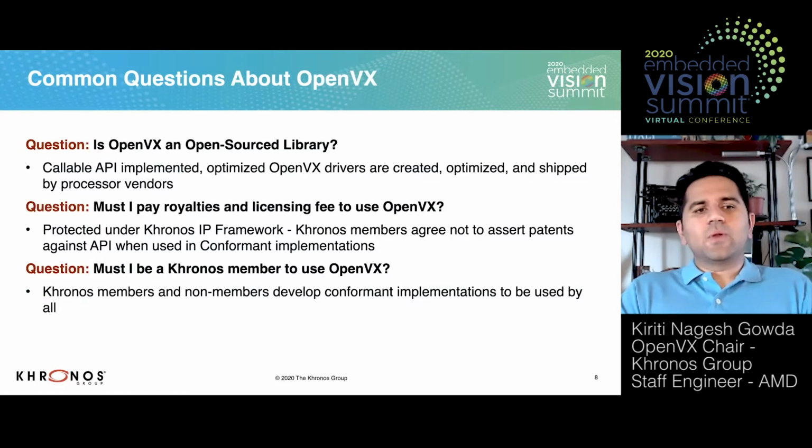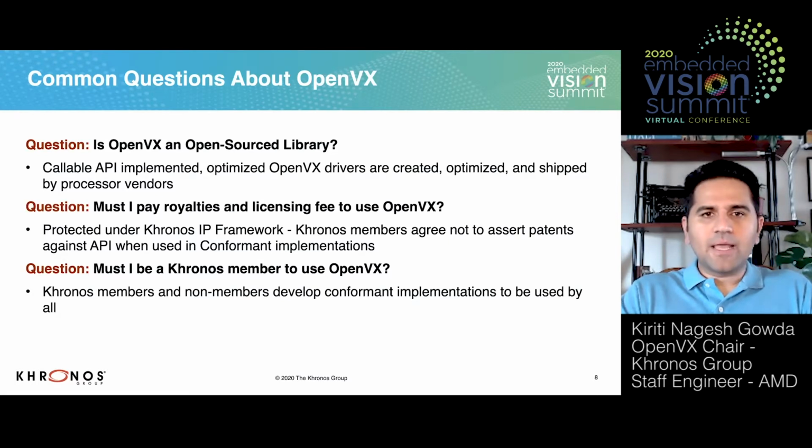So the next thing we wanted to talk about was a few questions about OpenVX. A lot of people have these questions or misconceptions about OpenVX, and we wanted to clear them up in today's talk. So the first question is always, is OpenVX an open source library? It's partly not true, because OpenVX is an open standard API, which is defined by the Khronos working group.